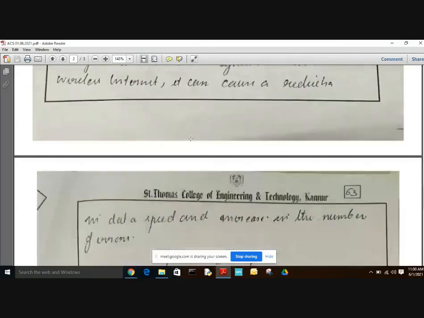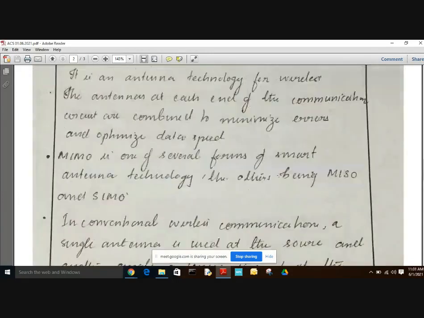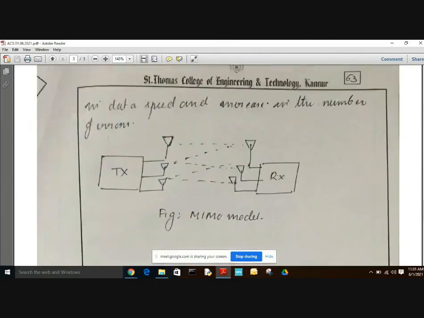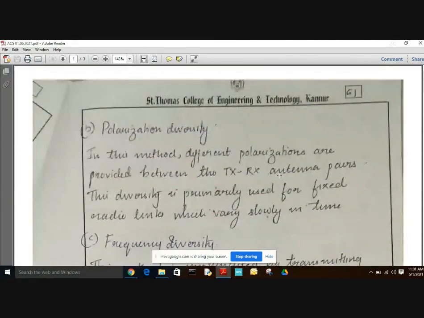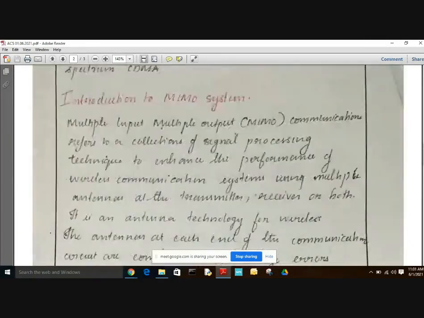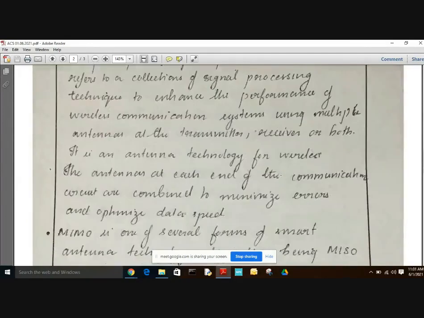In this figure, in a conventional system there is one transmitting antenna and one receiving antenna. But in MIMO, there are multiple transmitting antennas and multiple receiving antennas. So this is about the MIMO system, that is multiple input, multiple output system.